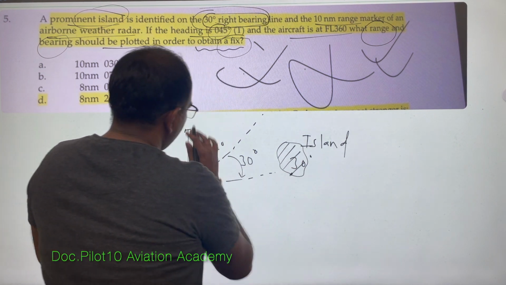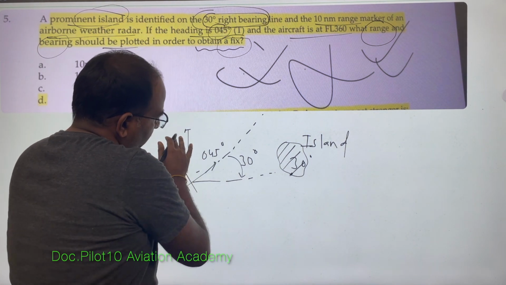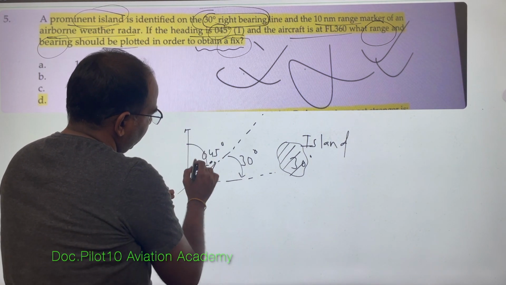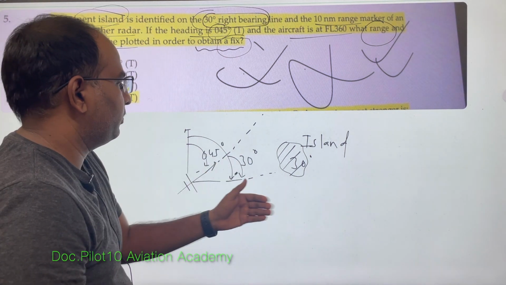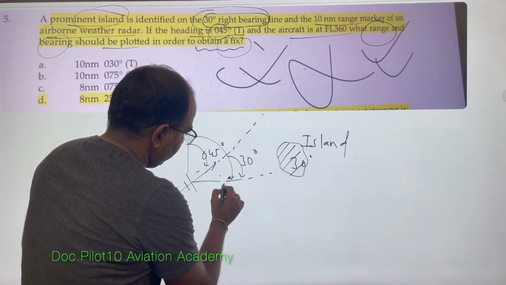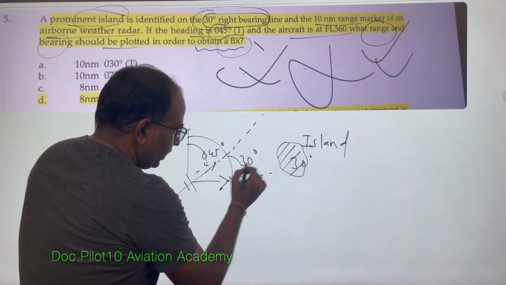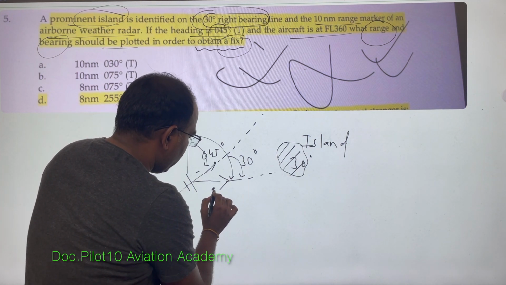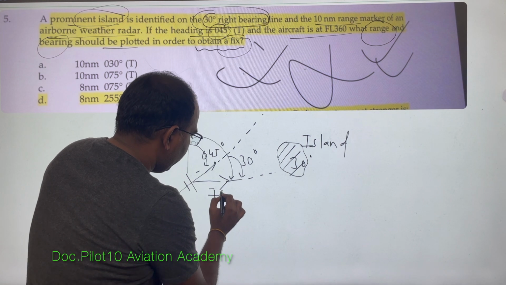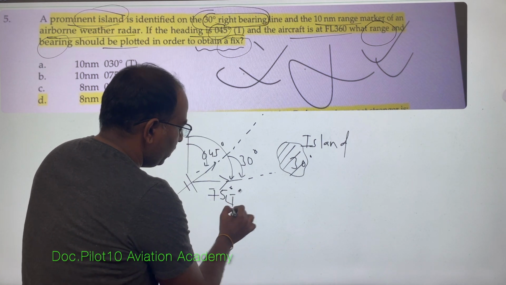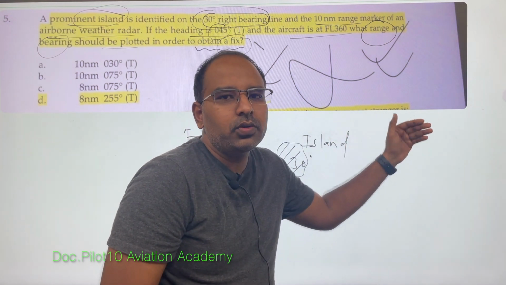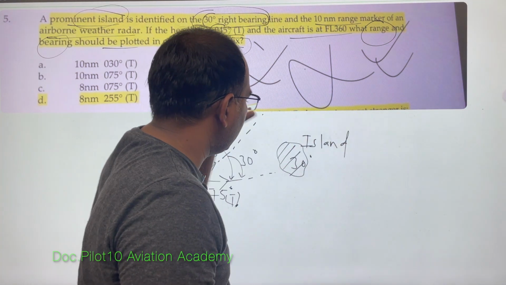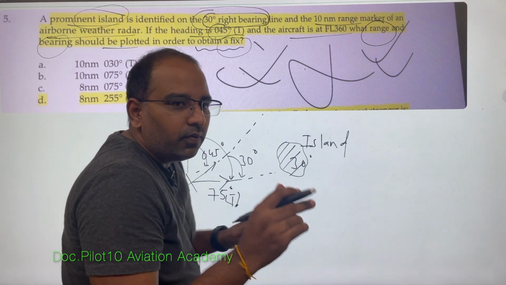So from north, if it is 45 till here, what will this be? So 45 plus 30, 55, 65, 75. So from your aircraft the island is on a bearing of 75 degrees true, correct. But to obtain a fix, how did you obtain a fix? With respect to Delhi, where are you? Now if you have to obtain a fix with respect to this island, where are you?